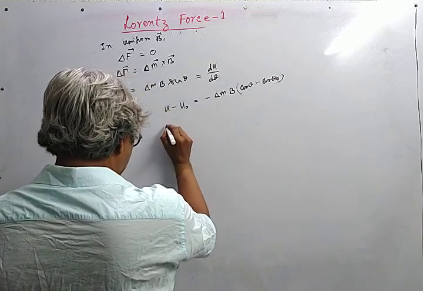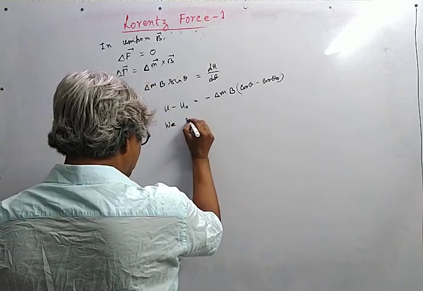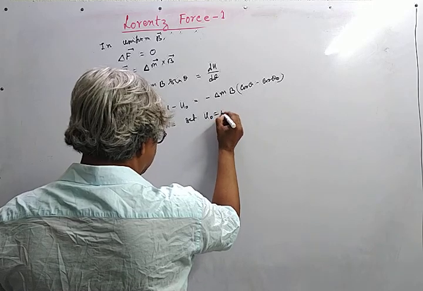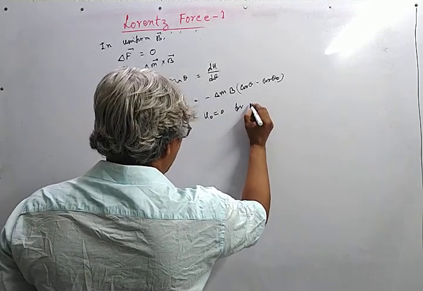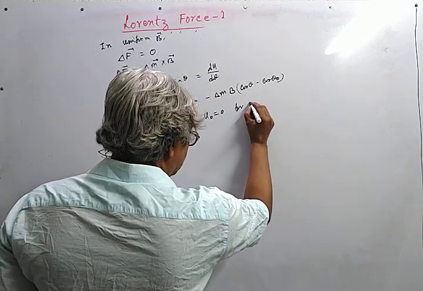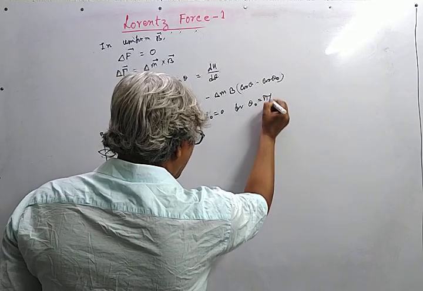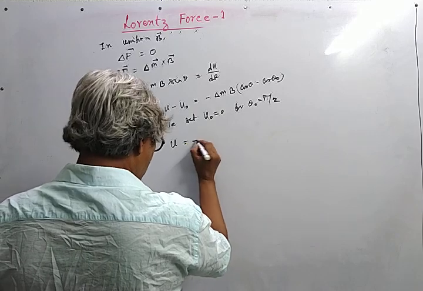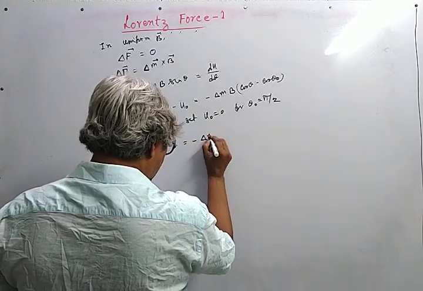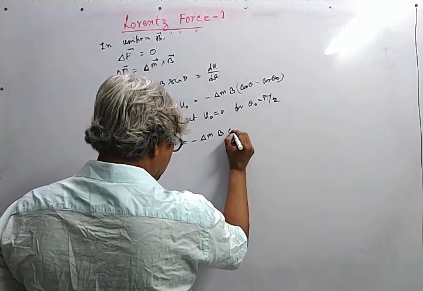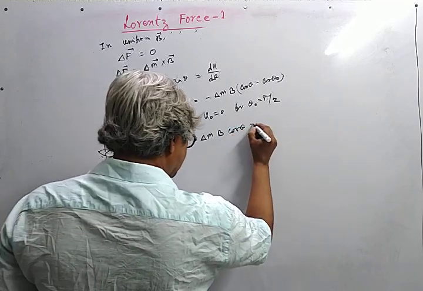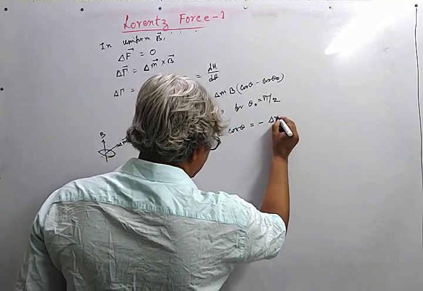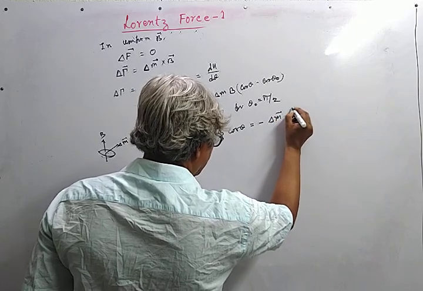In general, we set U0 to be 0 for theta 0 equal to pi by 2. So we get U equal to minus delta M B cos theta. This is minus delta M dot B.